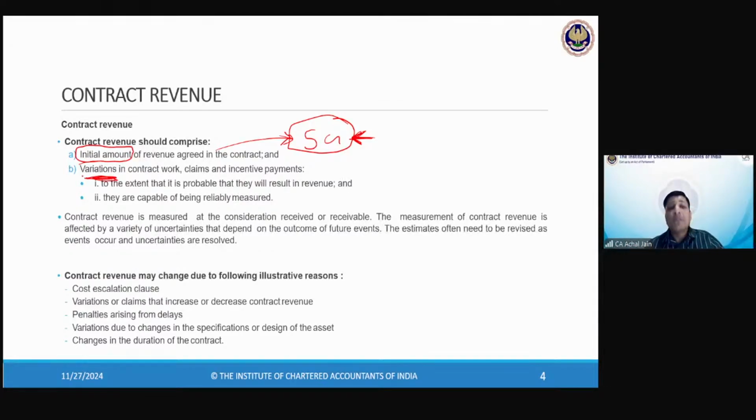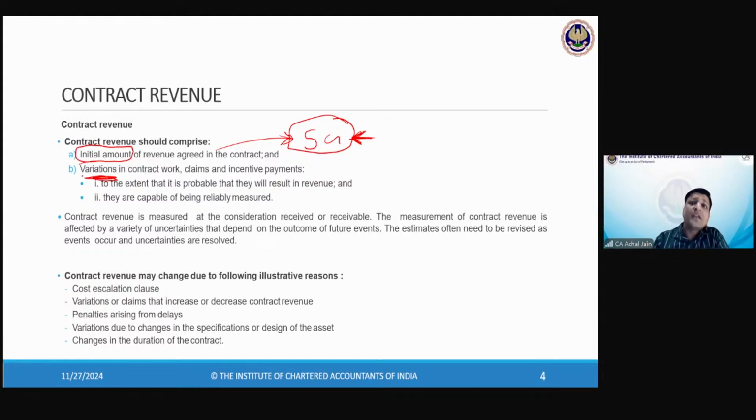Similarly, there could also be another aspect in the contract. When you enter into the contract, both parties, the contractor and the customer, may agree that you want to incentivize the contractor.